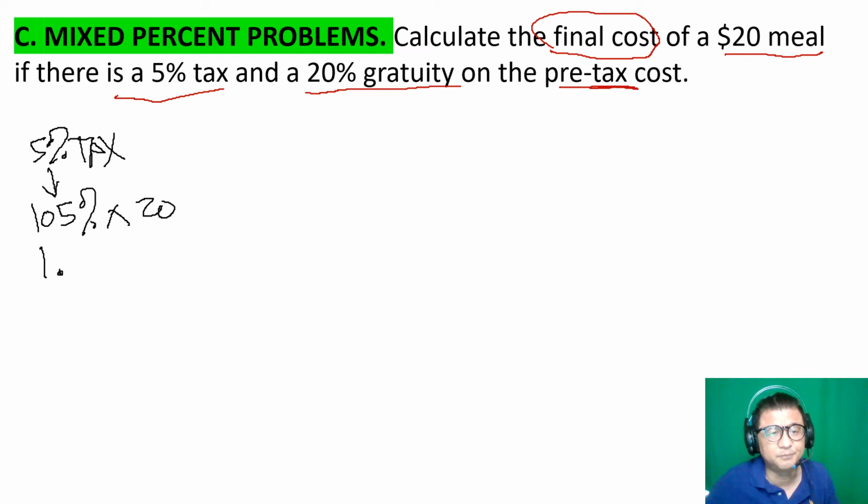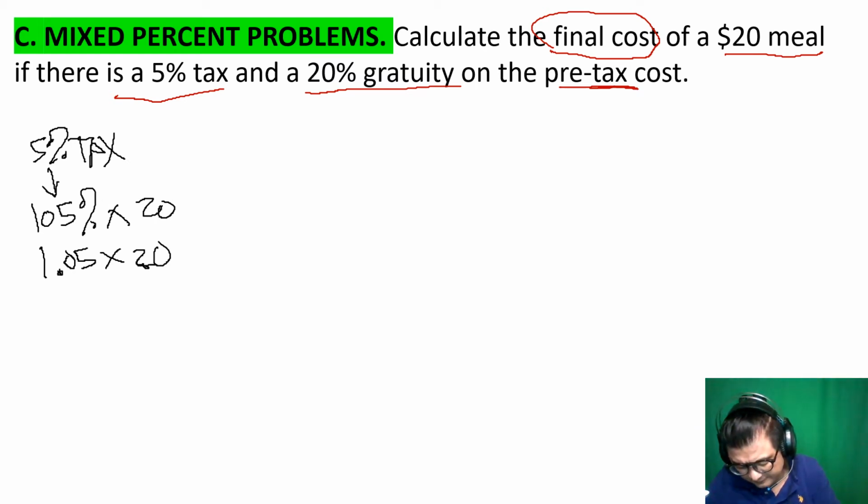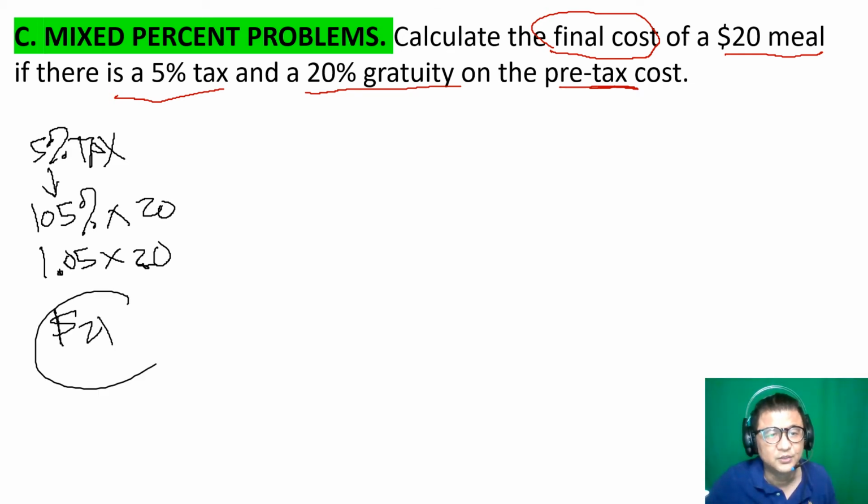So that's 1.05 times $20. 1.05 times 20, you will get $21. $21 with tax. You're not paying 20. There's an additional $1 that is with tax.